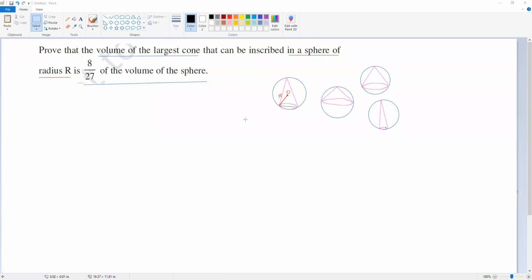That's the diameter of the base. So if you want, you can take this. This is the radius of the cone, which will vary.